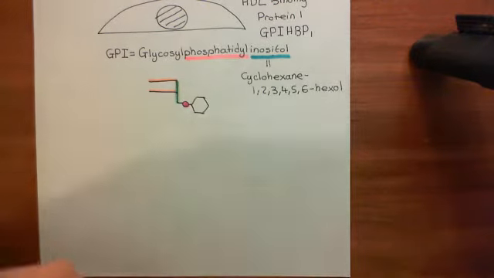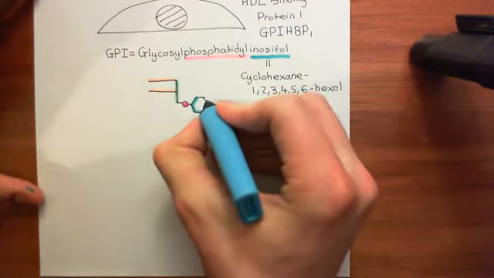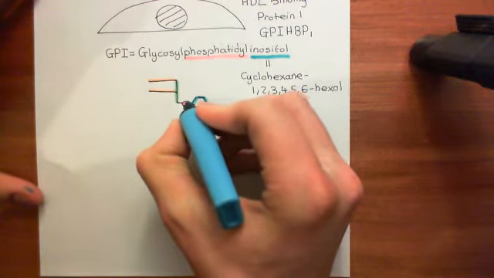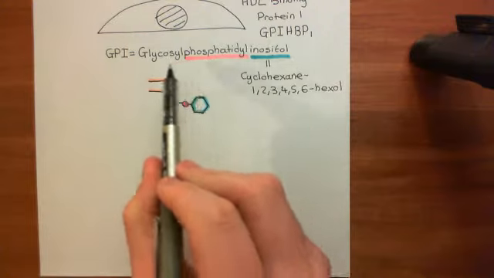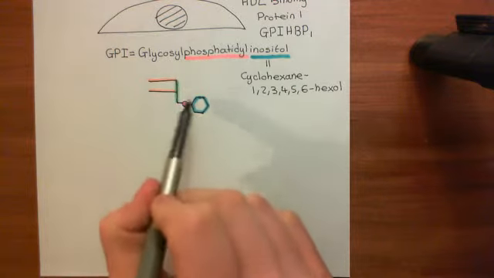So basically what you have done is you have taken this inositol ring here, and you have bound the alcohol group of this carbon here to the phosphate group of the phosphatidic acid molecule, and that creates you phosphatidyl inositol.